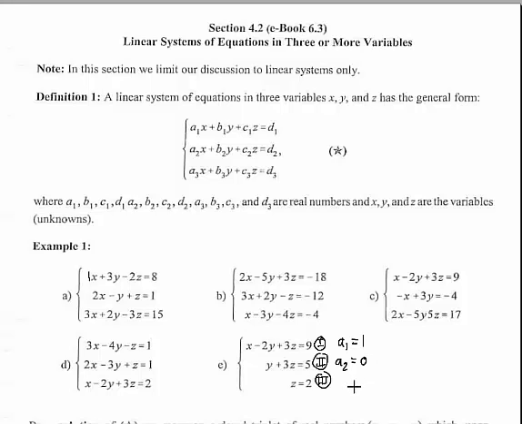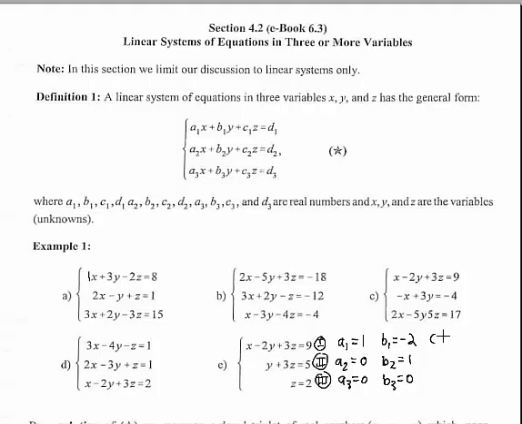That's why the x has been canceled out. 0 times x is 0, and so there is no x variable in the second equation, and likewise a3 equals 0. Now for the b's, b1 equals -2, b2 equals 1, and then we do not have a y variable in the third equation, so b3 equals 0.